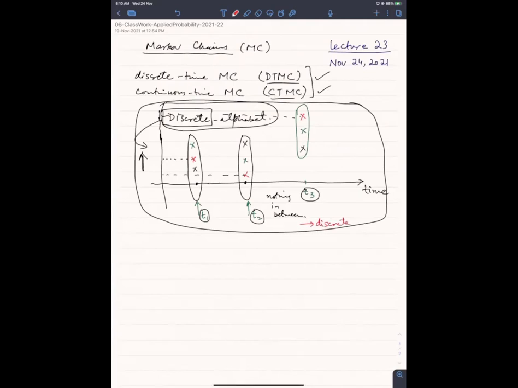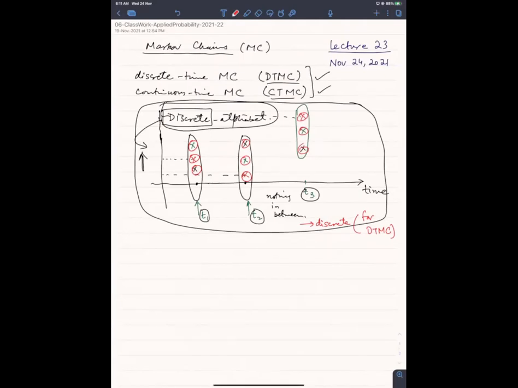For discrete time Markov chain. Okay? और इन values को हम ये करते हैं कि each of these values मैं इनको states कह देता हूं. And these values will take a finite number of values.